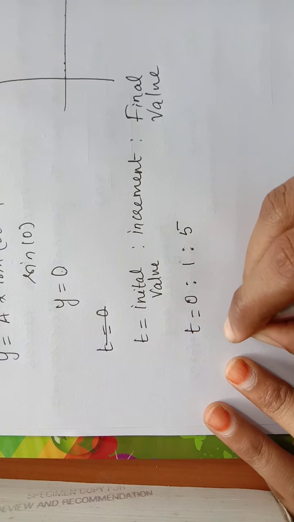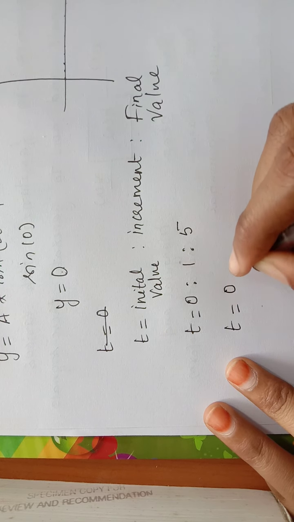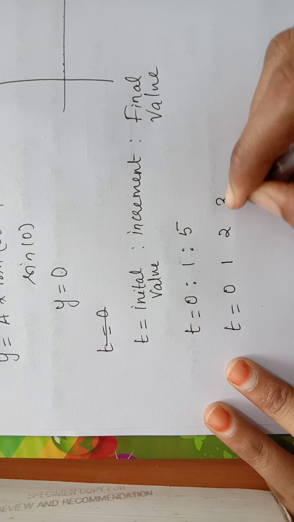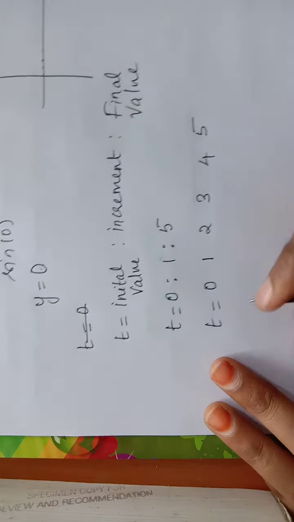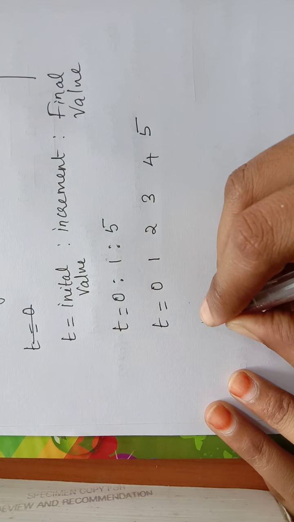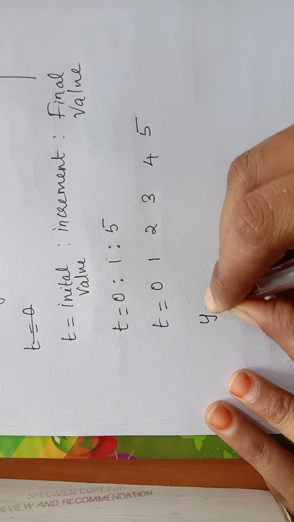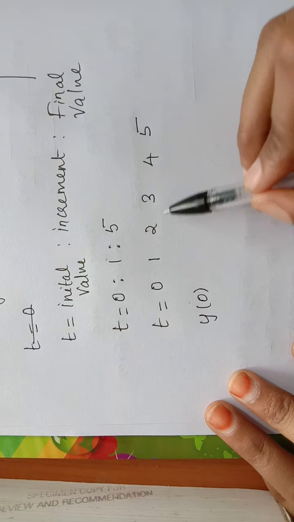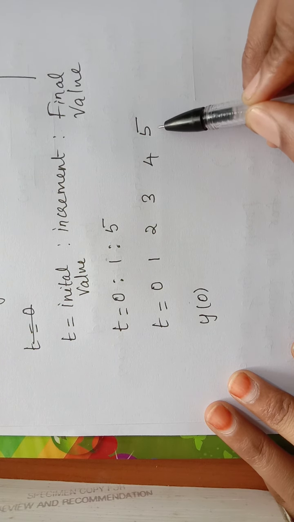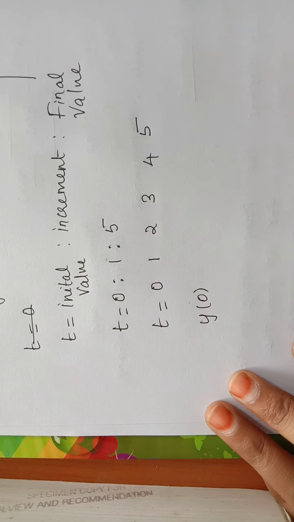Then t takes the values 0, 1, 2, 3, 4, 5. So in this case, for y you will get y of 0, y of 1, y of 2, y of 3, y of 4, y of 5. So you will get 6 values.